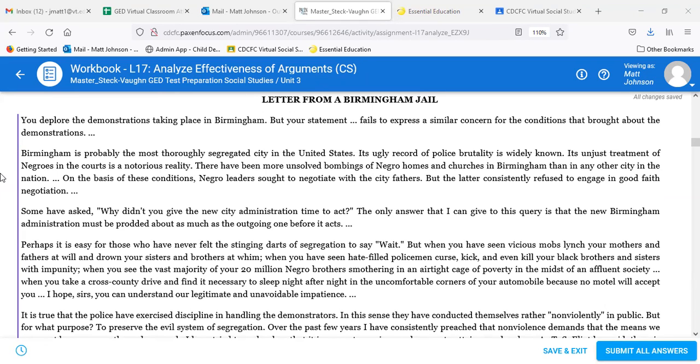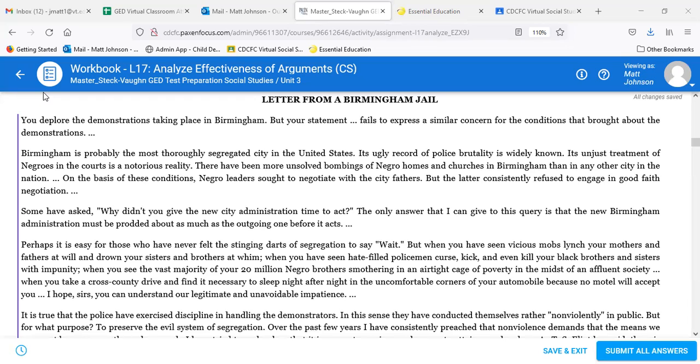Letter from a Birmingham Jail. You deplore the demonstrations taking place in Birmingham, but your statement fails to express a similar concern for the conditions that brought about the demonstrations. Birmingham is probably the most thoroughly segregated city in the United States.